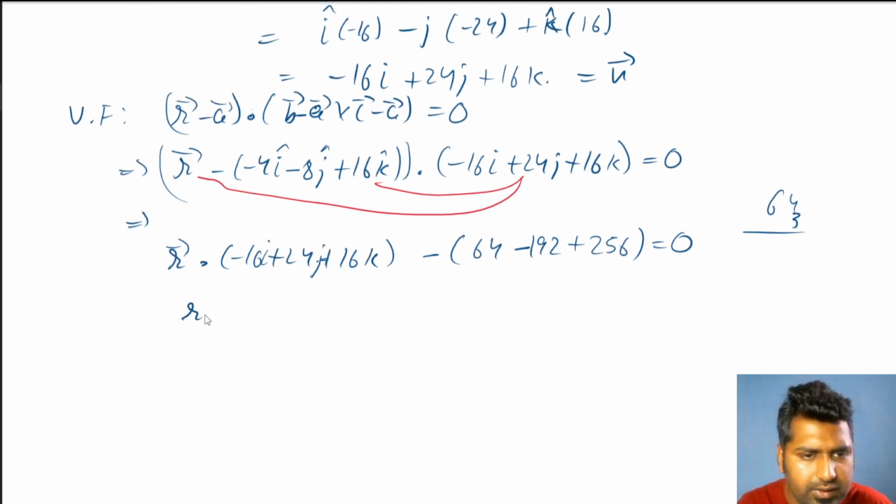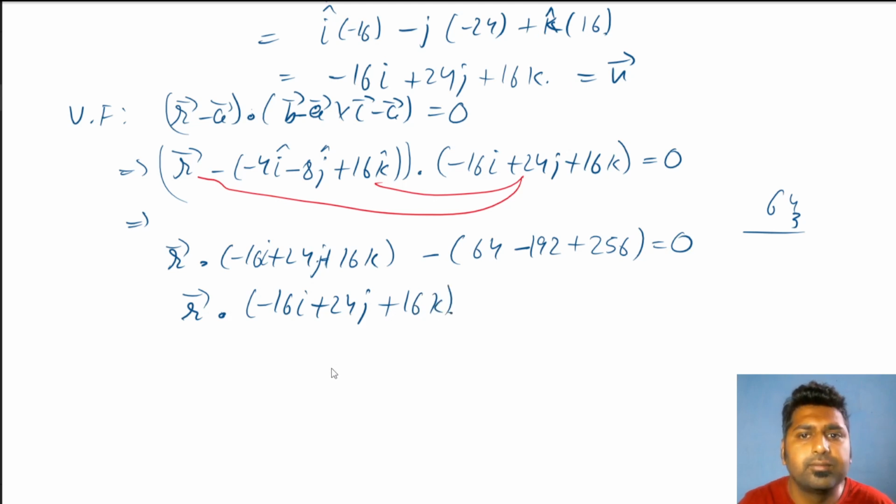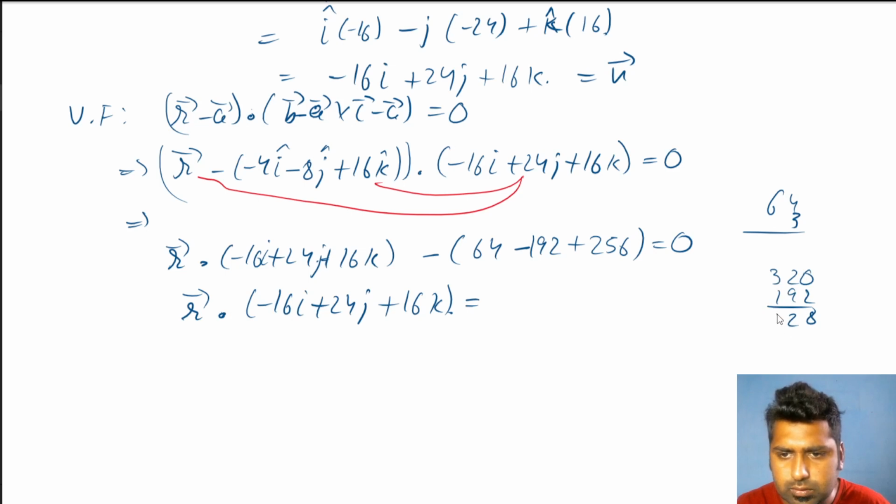Okay, so it is coming r dot minus 16i plus 24j plus 16k is equal to, take it on the right side, it becomes how much? 192 256. So this is 256 minus 192, that's 64... 128.